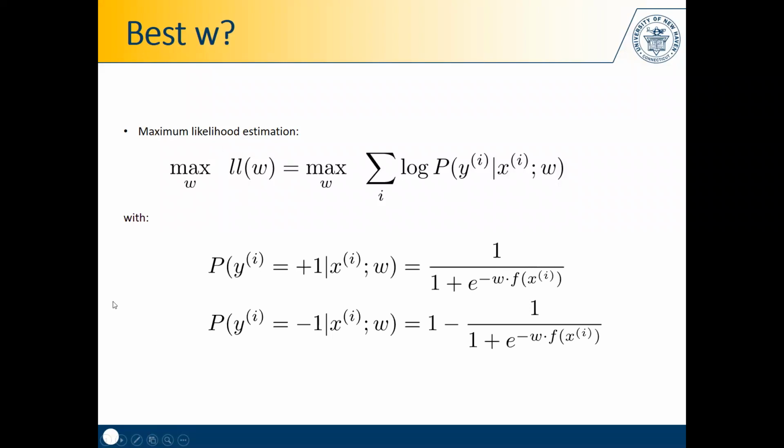So how do we break this down? We can break it down by saying, in the binary case, that P of y^i being the positive class given the sample and a particular weight vector is essentially the sigmoid of the activation: 1 over 1 plus e to the negative w dot f of the feature vector of the sample.